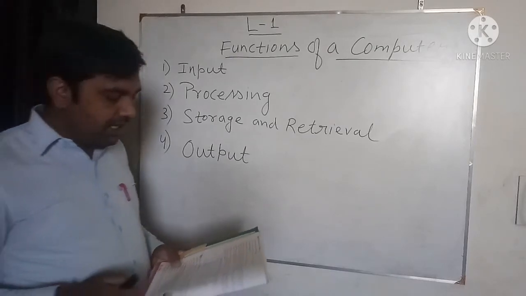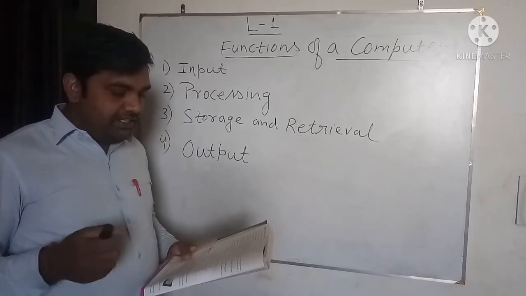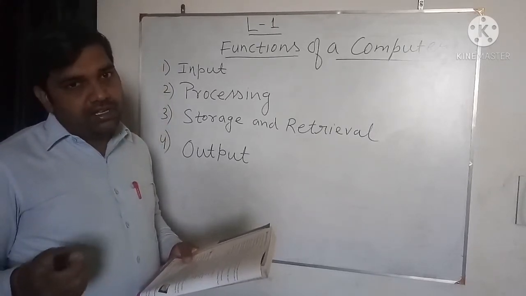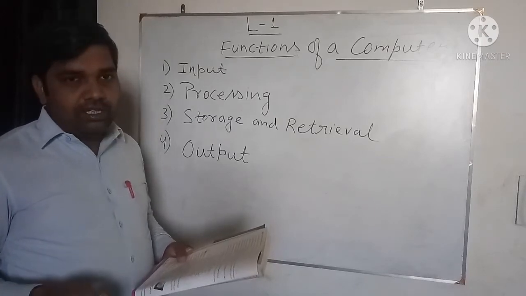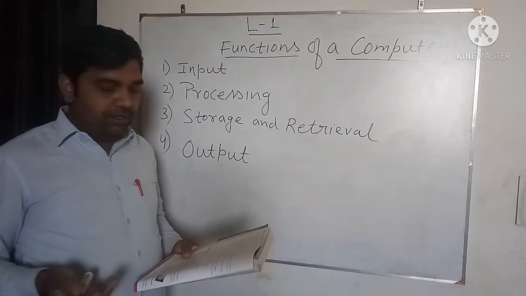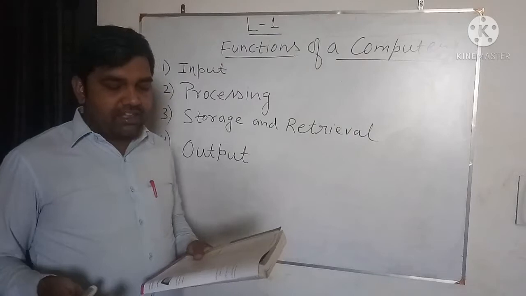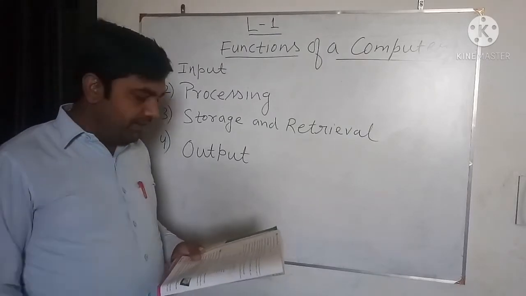Process: the engine of the car is the processor, and that engine starts working with the help of the diesel and petrol. Output: when the engine starts working with the help of the fuel, what output are you going to get from that car? The car starts running, the car starts moving.